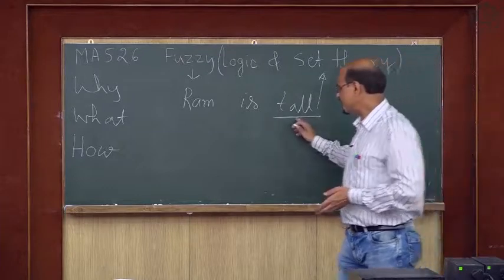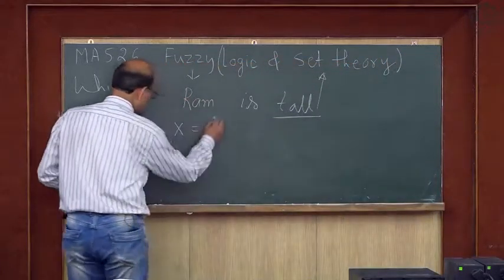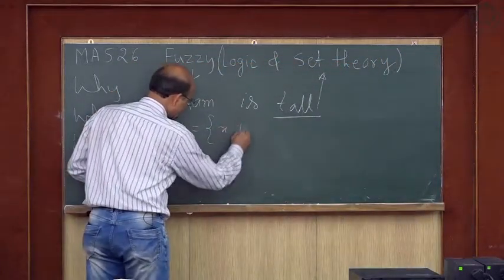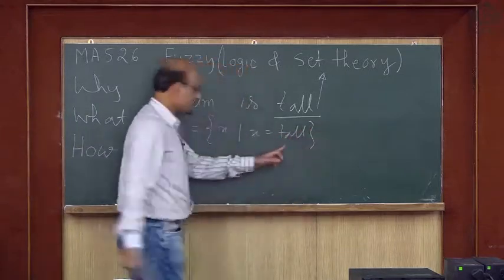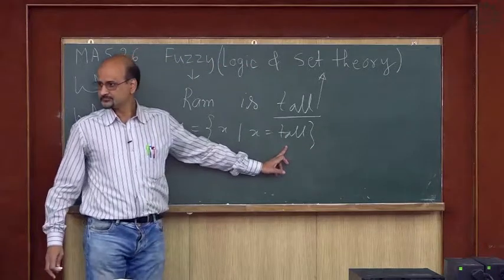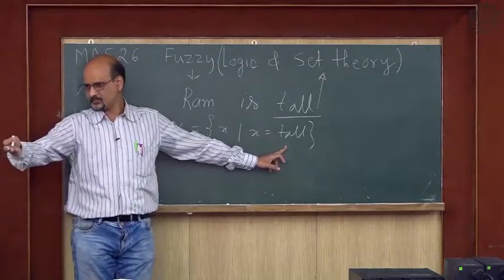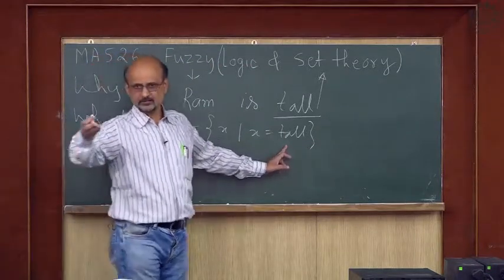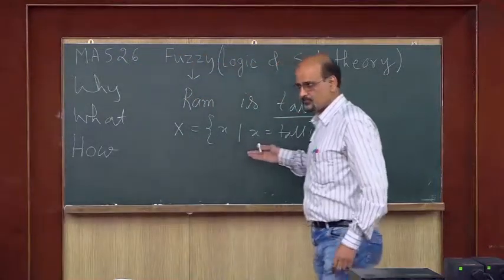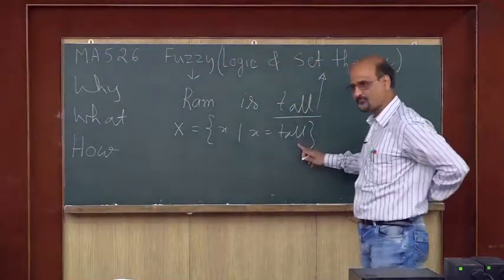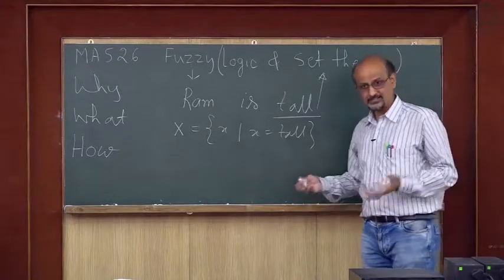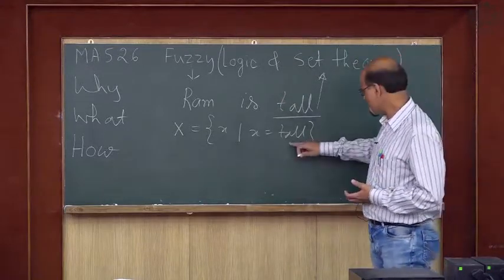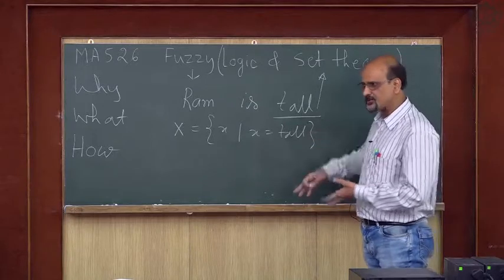So if I say that X is a set such that X is equal to tall, here you have to give some number, depending upon your convenience. In any country, say Chinese or Japanese, where short heights are there and also long heights, this tall is user oriented.